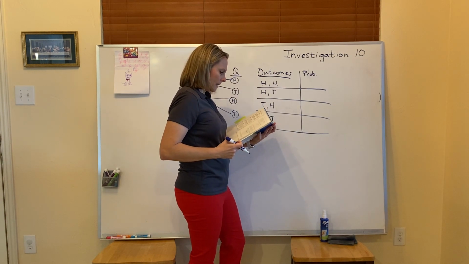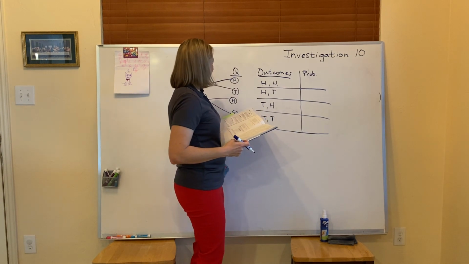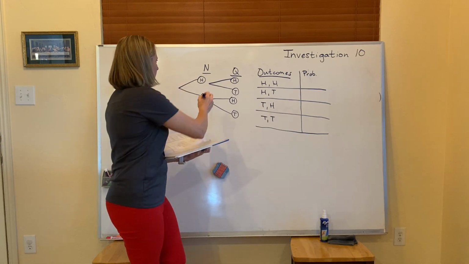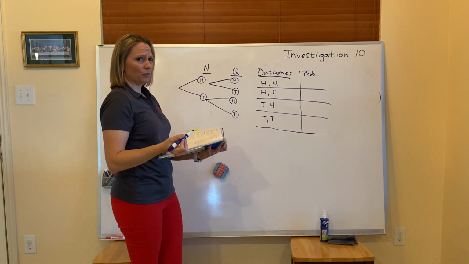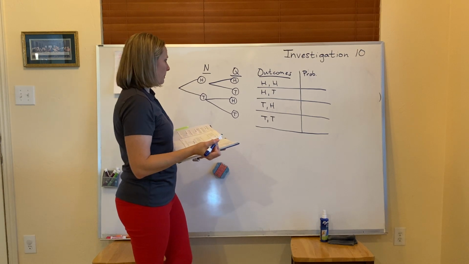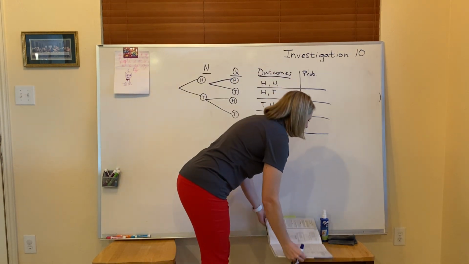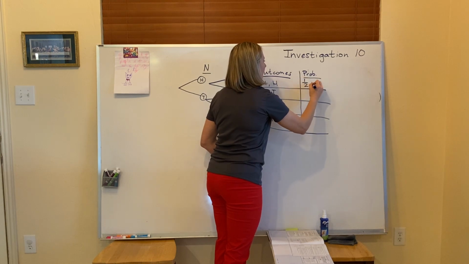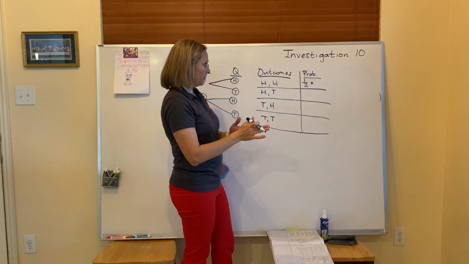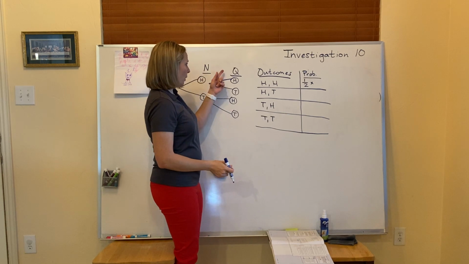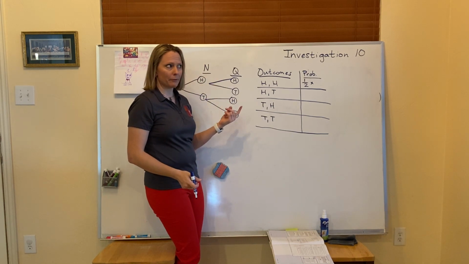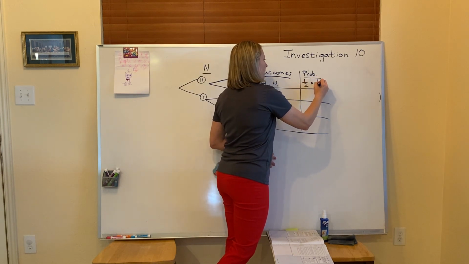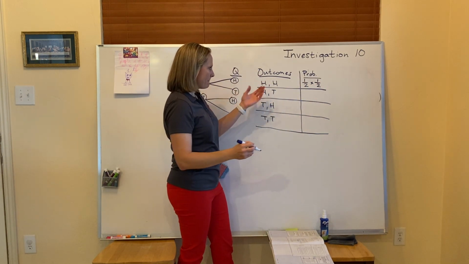So let's see. With our nickel, we have a 1 out of 2 probability of flipping a heads, right? So we have a 1/2 probability of flipping a heads. With our quarter, how many options do we have? Once again, 2. We have a 1/2 probability of flipping a heads.